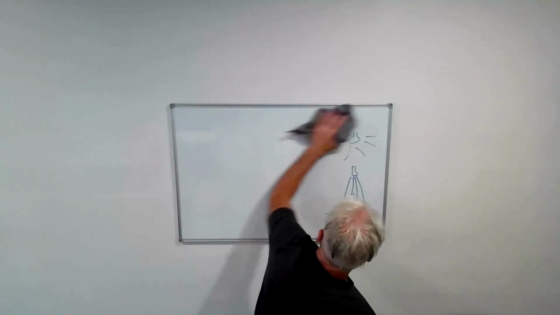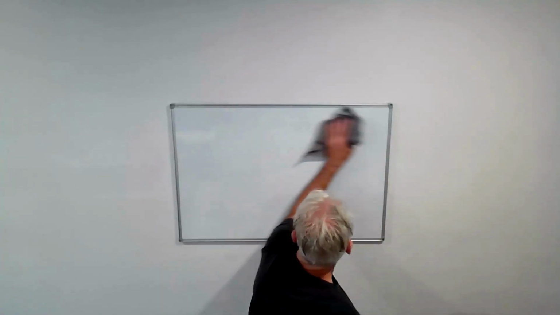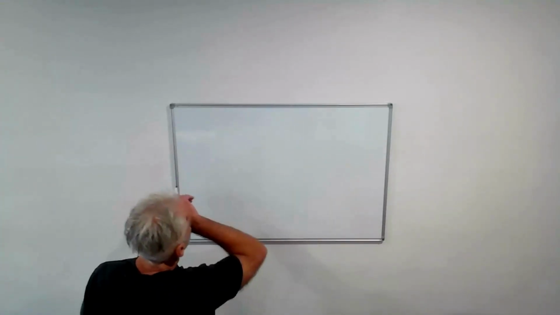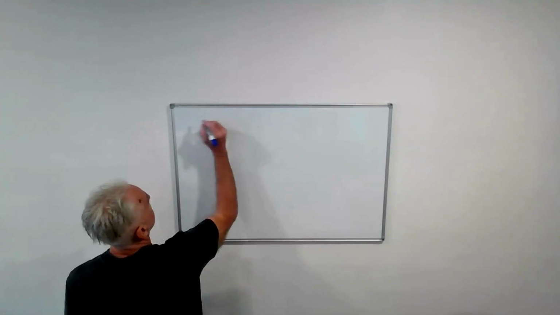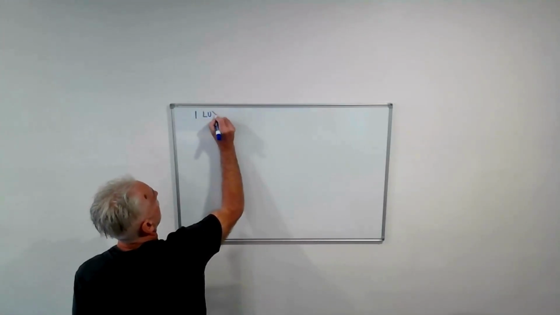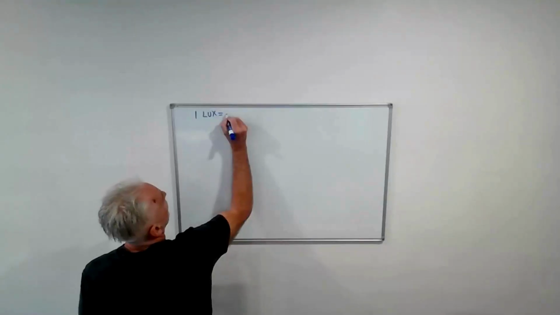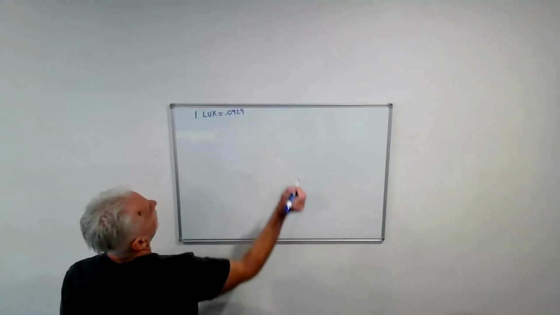So now let's start with, I'm going to throw up here a couple conversions we're going to use as we move through this. So the first one is 1 lux is equal to 0.0929.